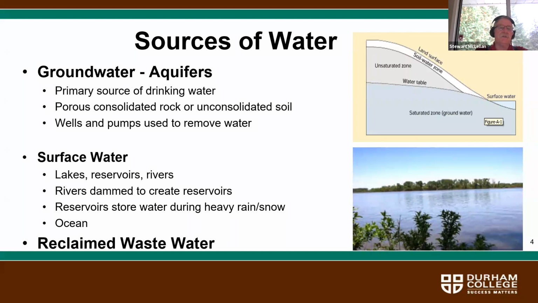In those areas, the groundwater is recovered through the drilling of wells, and those wells generally are drilled into porous consolidated rock or unconsolidated soils that have the hydraulic conductivity necessary to be able to pump great quantities of groundwater.